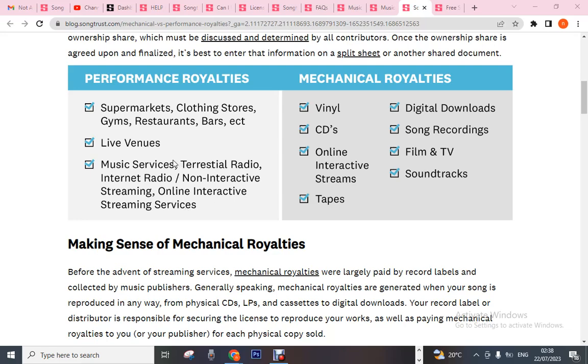So those are performance royalties. Then when it comes to mechanical royalties, that is when we talk of vinyls, CDs, online interactive streams, tapes, film and TV, soundtracks, song recordings, and digital downloads.